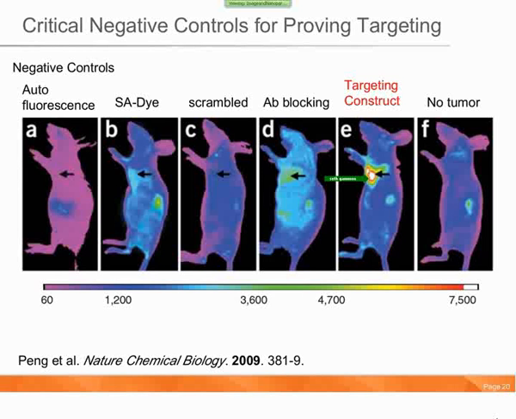To show that it was targeted with a specific receptor, they utilized a scrambled peptide that had the fluorophore. In this case, the scrambled peptide had significantly less uptake than the targeted construct. So we know again that this is sequence specific, implying it's receptor specific. We then went on to conduct another experiment by injecting an antibody that blocks the known binding site of this targeted peptide.